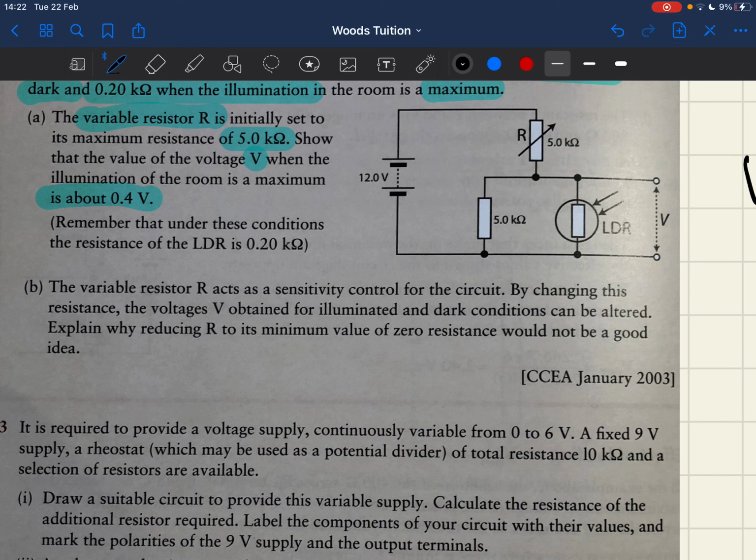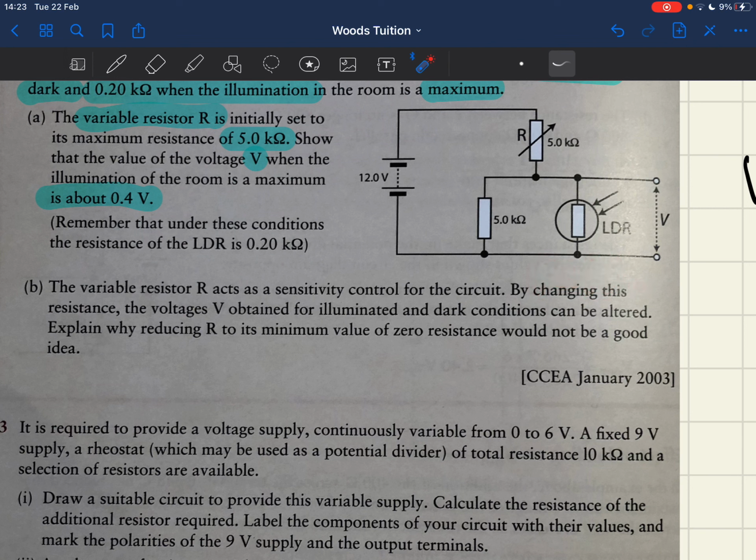Whenever the resistance is zero, the voltage across our LDR is going to be equal to 12 volts. If the voltage is 12 volts, we can then find the current, and if we have the current, we can use P equals IV to find the power.